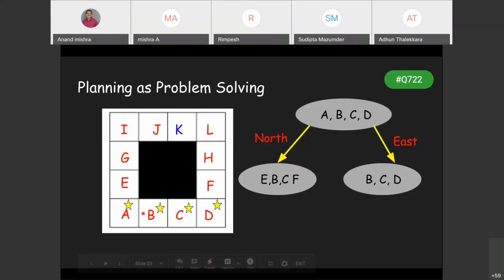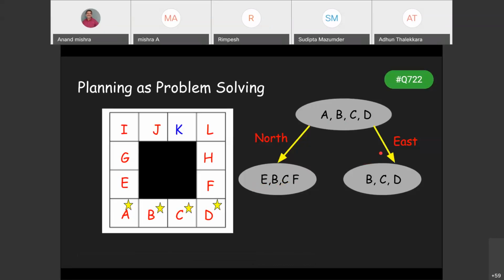C, you cannot move to north, but D, you can move to north and reach F. So therefore, this is E, B, C, F. B and C are unchanged.